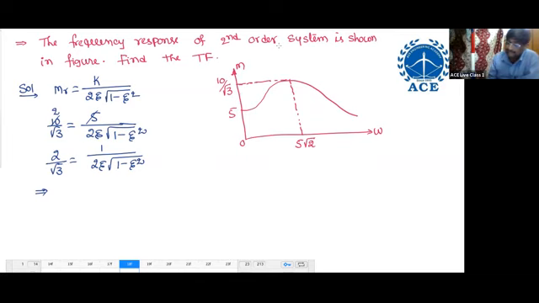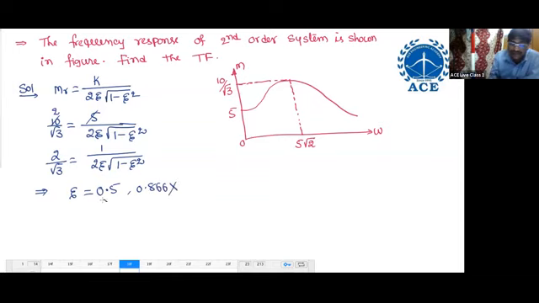So what is the answer? You will get two values of zeta. Zeta equals 0.5, and the other one I think is 0.866.